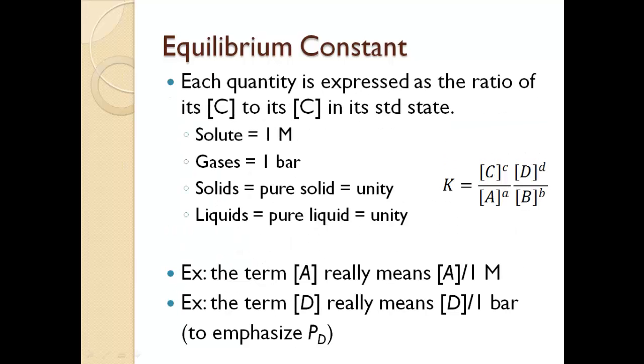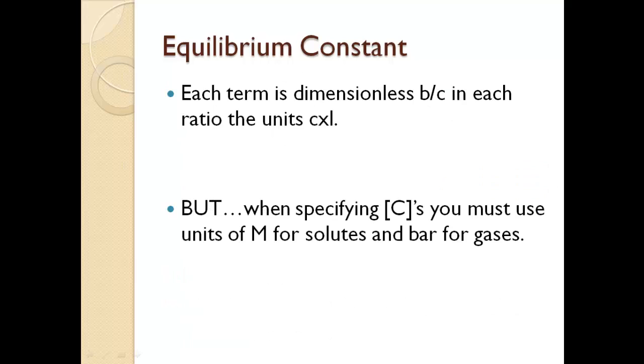There is one thing to remember. Each term in the equilibrium constant is dimensionless because each of the units actually cancel. It's a ratio. But when you specify the concentrations, you're going to use the units of molar, of molarity for solutes, or of bar when you're talking about gases. So just realize that.